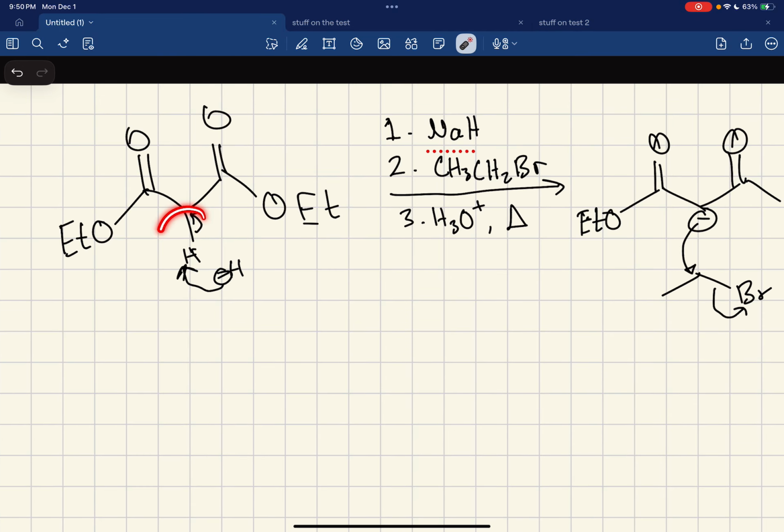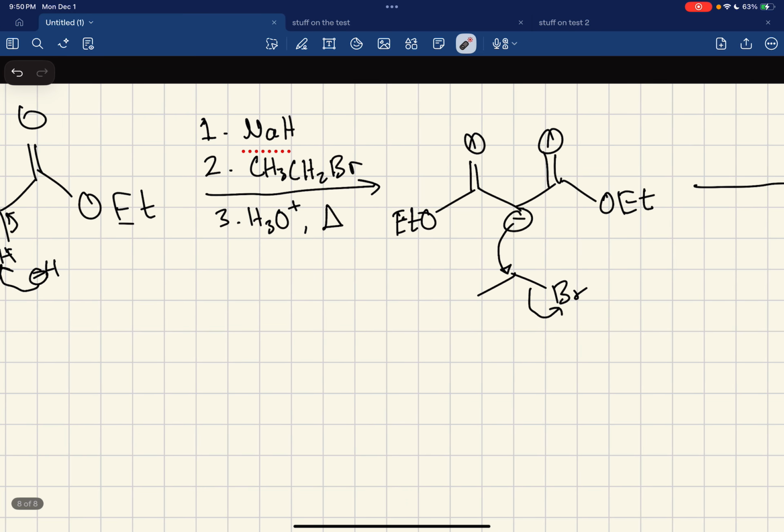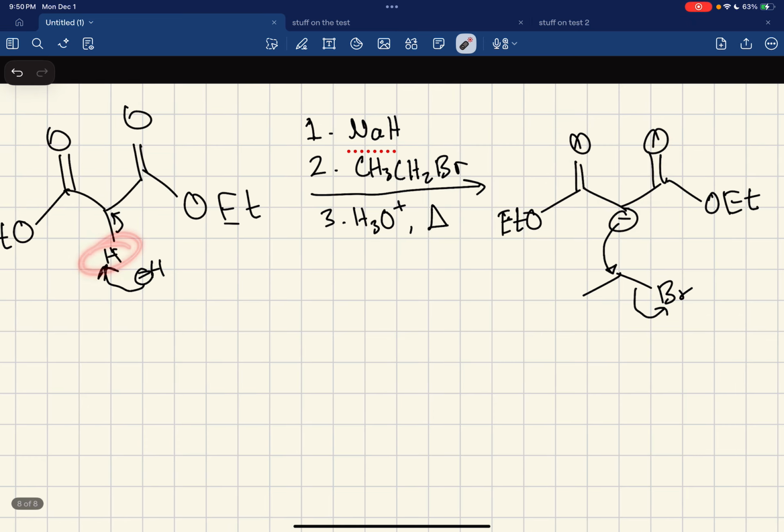So what is interesting about this hydrogen? This is actually going to be even more acidic than a regular alpha carbonyl hydrogen because there are two places that this conjugate base can resonate. So this, as a conjugate base right here, can resonate up to this and also to that, which means that this hydrogen is pretty acidic.